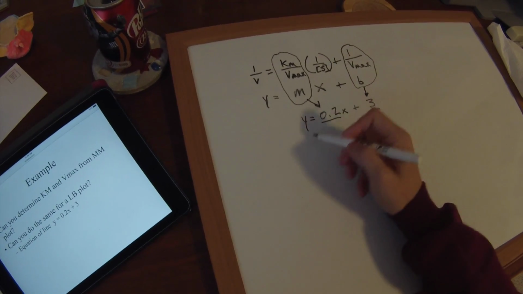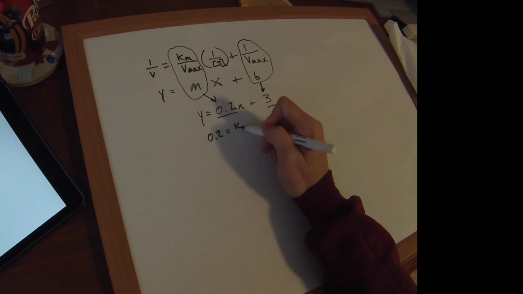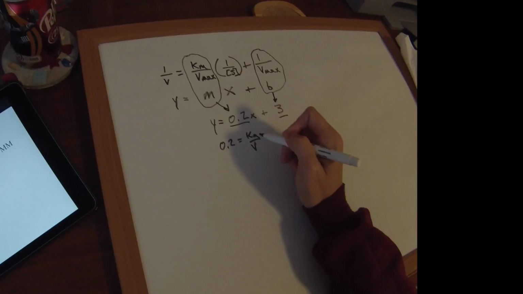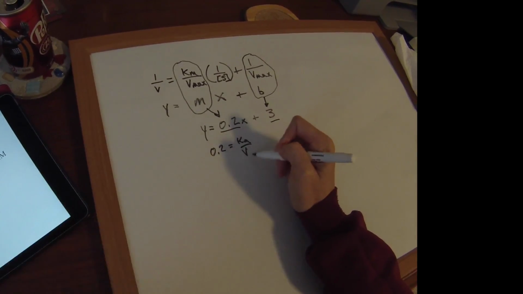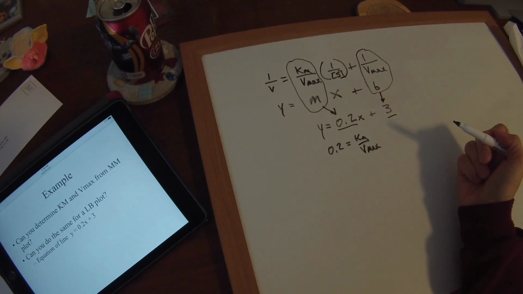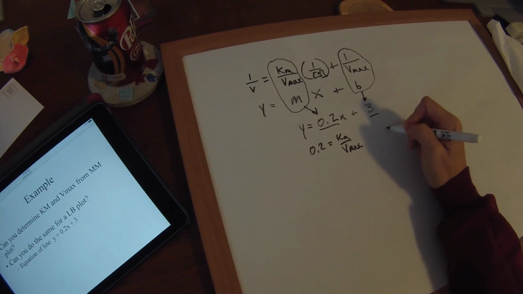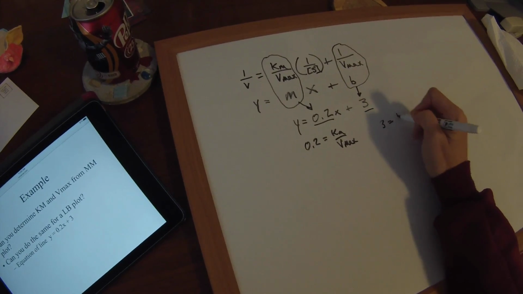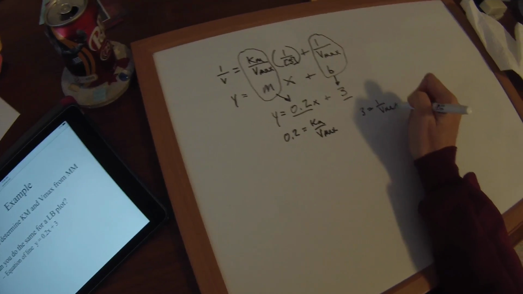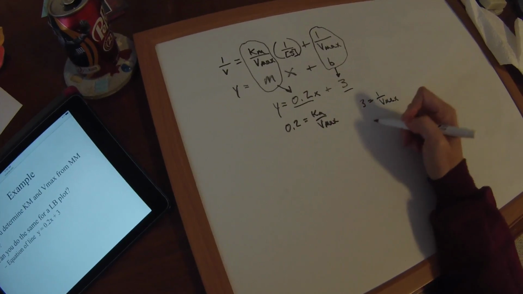Of course, here that means 0.2 equals Km over Vmax. But you have two unknowns here, so we don't want to do this one first. For this one, we just say, okay, 3 equals 1 over Vmax. So now we've just got one unknown, and this is a lot easier.